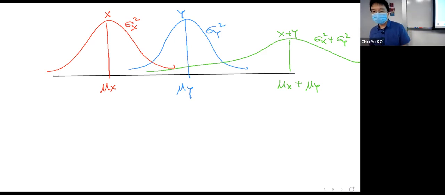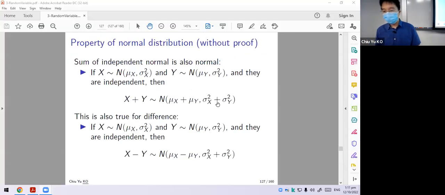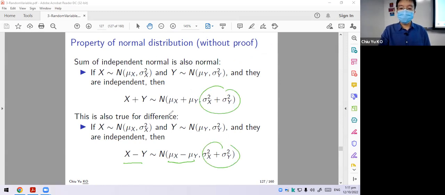And actually the same goes for the second property. You subtract them, and it is still a bell. Look at the variance, it's the same whether you add or subtract, but the mean will be different. You might ask why this is the case.